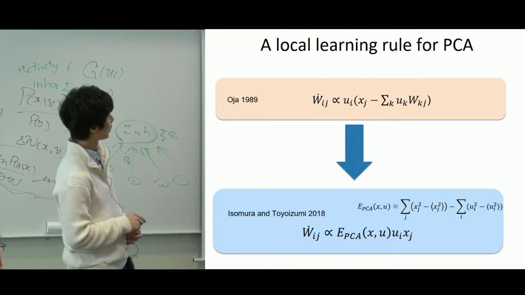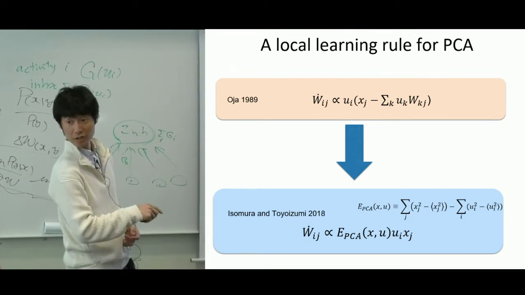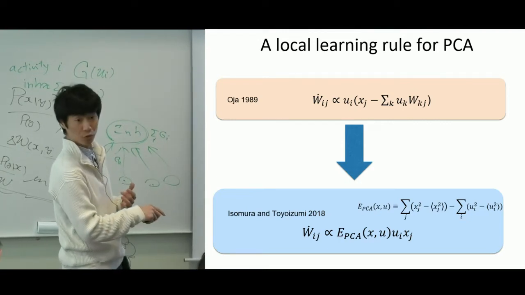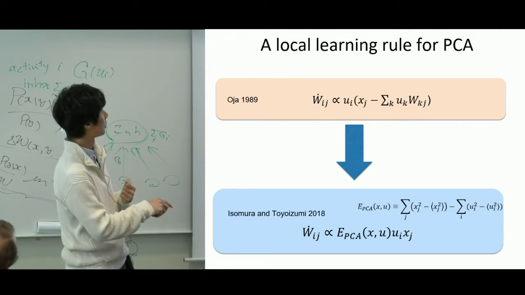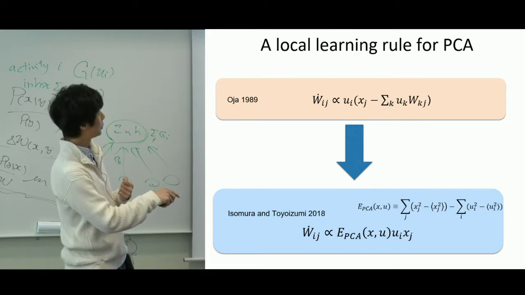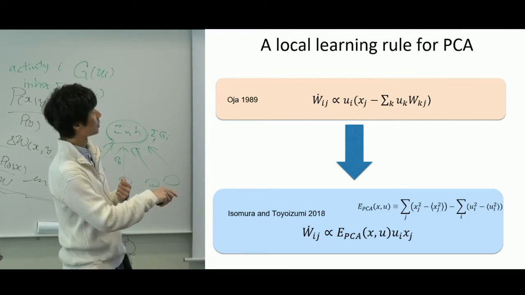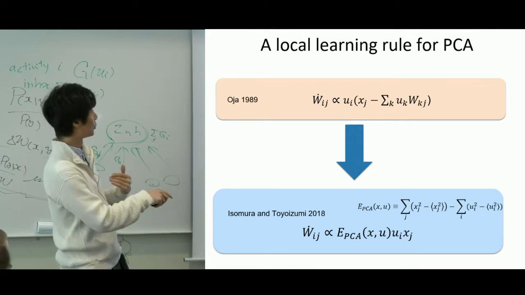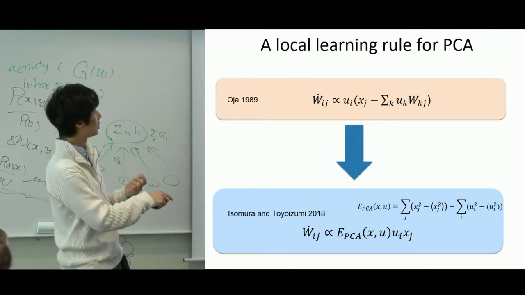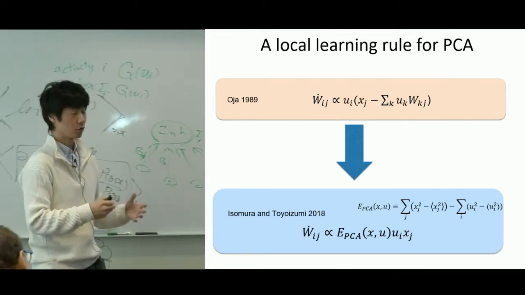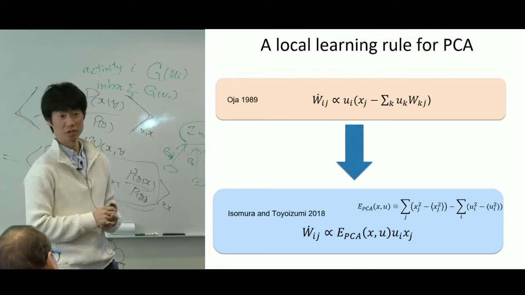Oja proposed in '89 a learning rule that extracts principal components. Although this is simple, this learning rule compares the input to a back-propagated signal. U is the output signal, and W is converting the output retrogradely back to the presynaptic side and computes with the input. So it needs to compute the back-propagated signal from output to the input. And how this is done in biology is unknown.